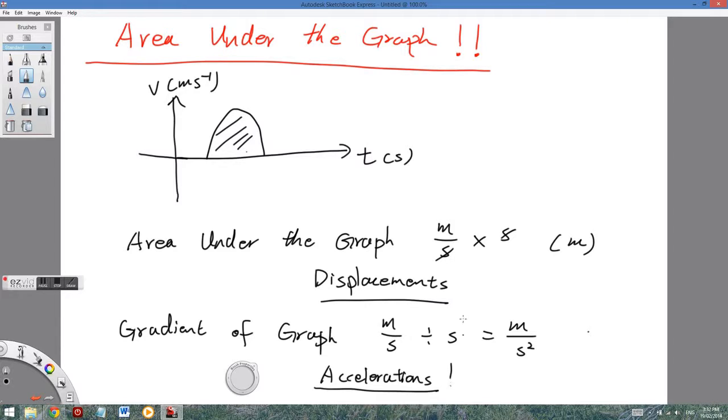So in physics, if I give you a graph, by looking at the units of the x and y axes, you can calculate what the area under the graph means, or what the gradient of the graph means, by simply multiplying or dividing them. This is a very useful technique.